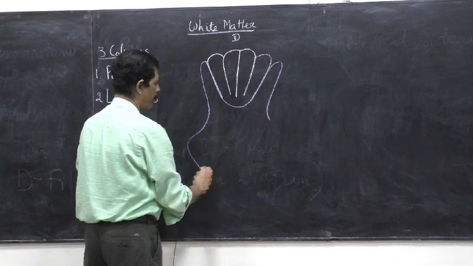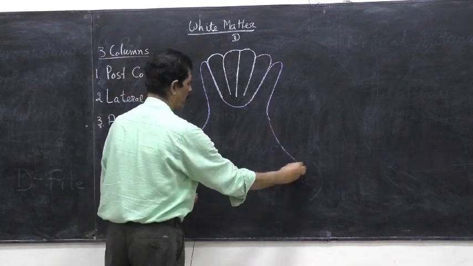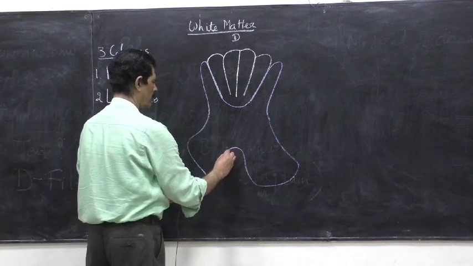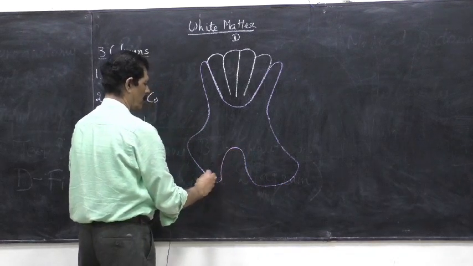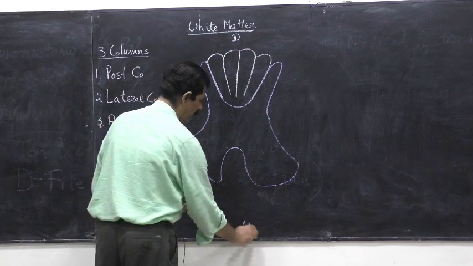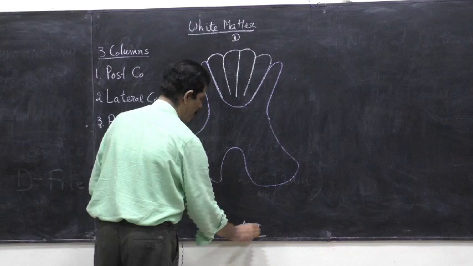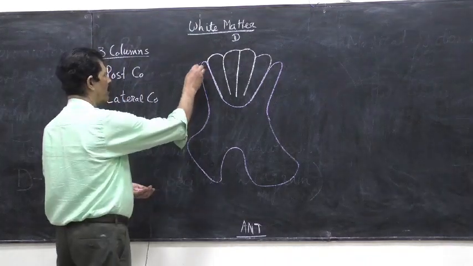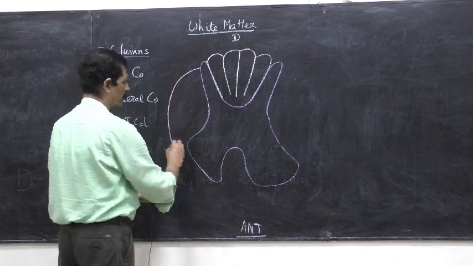Then make the ventral horn, which is broad. So this is the anterior or the ventral end of the spinal cord. Now white matter surrounds all around the spinal cord.